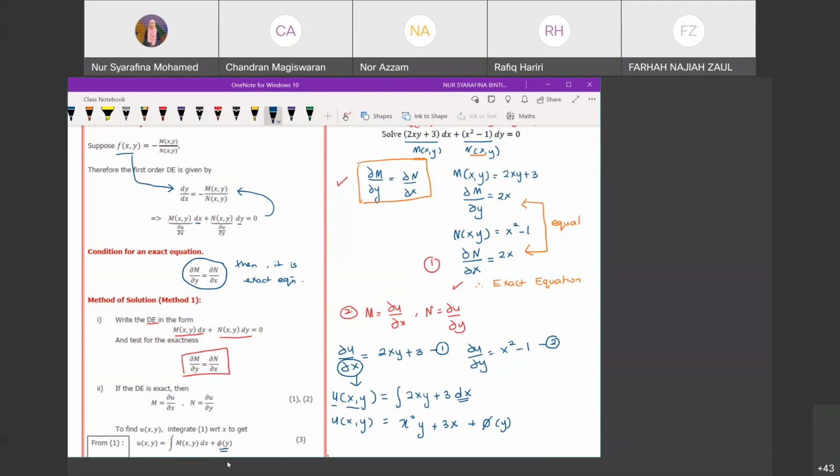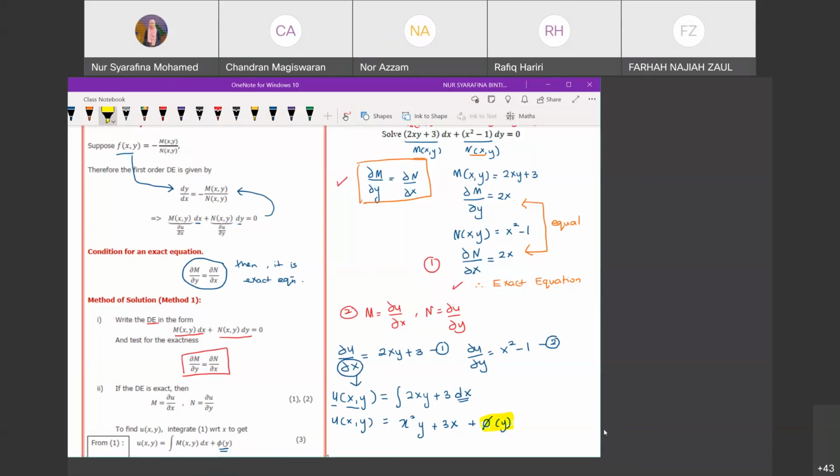All right, so now we have your u x, y, and we have a constant there. So our next purpose is we want to find what is the value of the constant here.